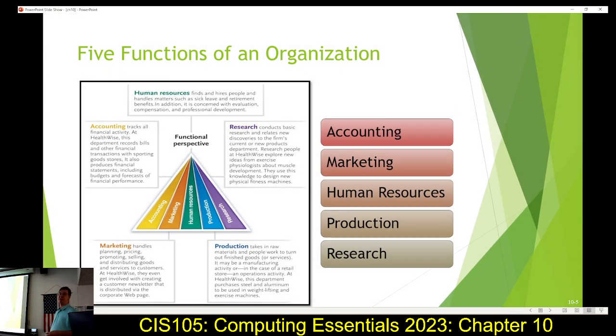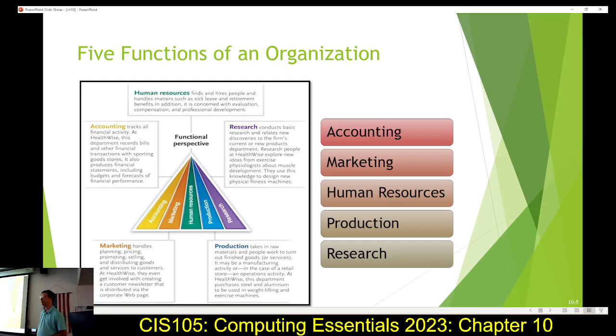All right. I love it when people try to Google this for the extra credit. Anybody watching? Do not Google this extra credit answer. This is the answer, the 5 functions of the organization. All I want for the extra credit is 3 of these. I'm just going to ask the class, what does accounting deal with? Money. Okay, thank you.